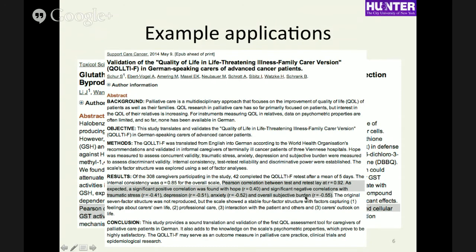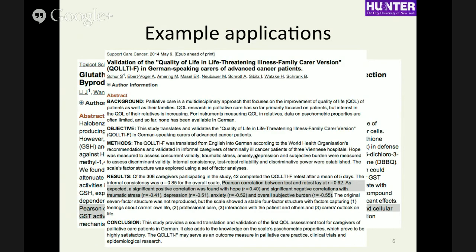So in this case, what do you think? Are hope, traumatic stress, depression either response or predictor? And this quality of life measure, which one's the response?